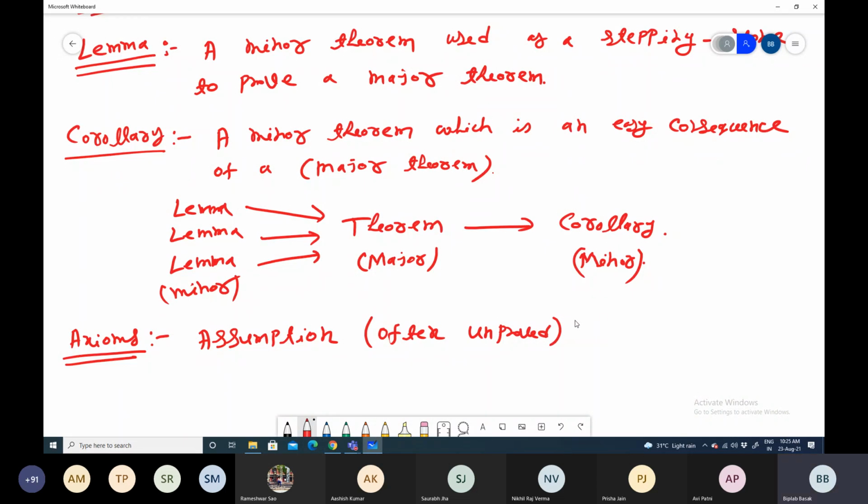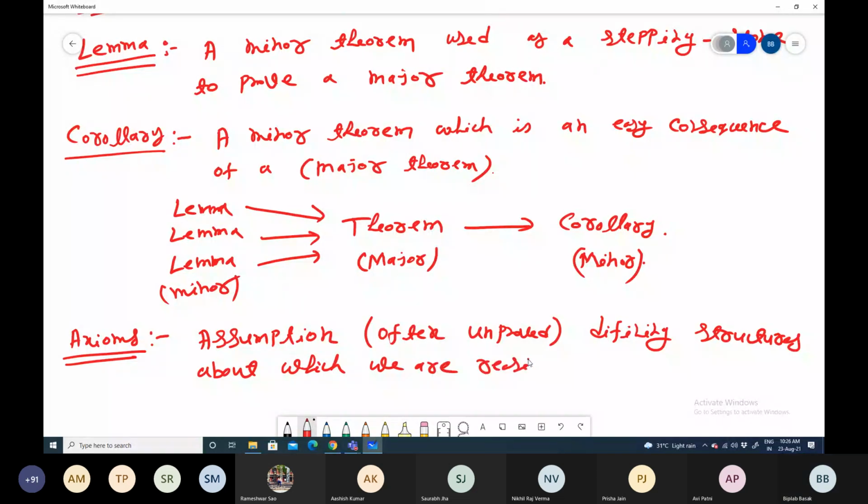Okay, and it is defining structures about which we are reasoning. So you can say that it is the starting point of mathematics.